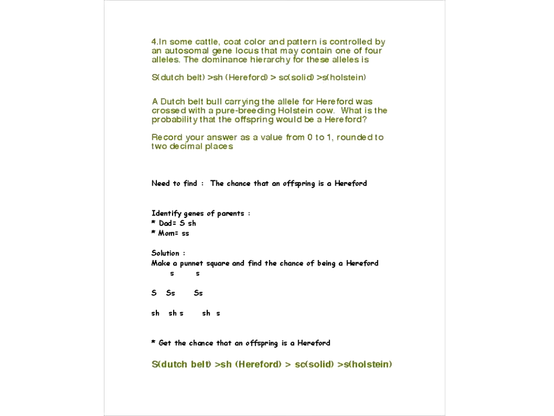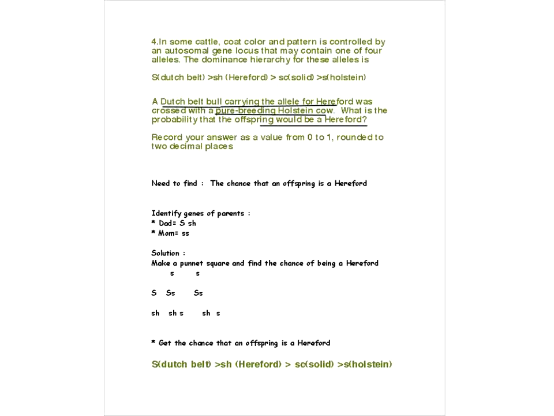The question says that we have a Dutch belt bull, so that's the dad, right? The dad's carrying the allele for Hereford, and he was crossed with the mom, who is a pure breeding Holstein. Then we're asked, what's the probability the offspring is going to be a Hereford?